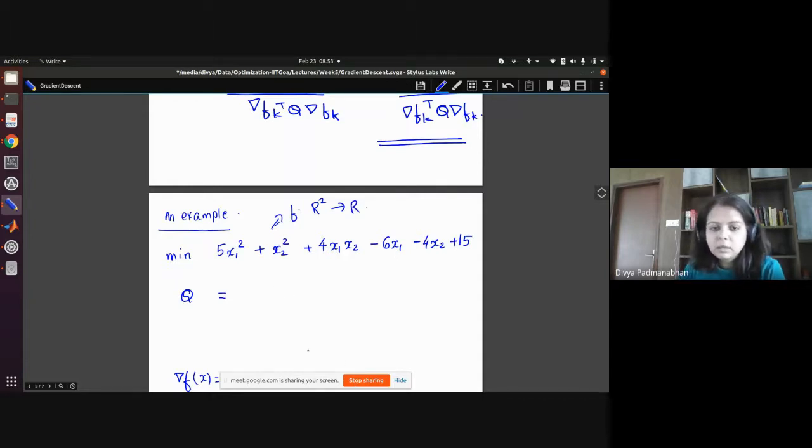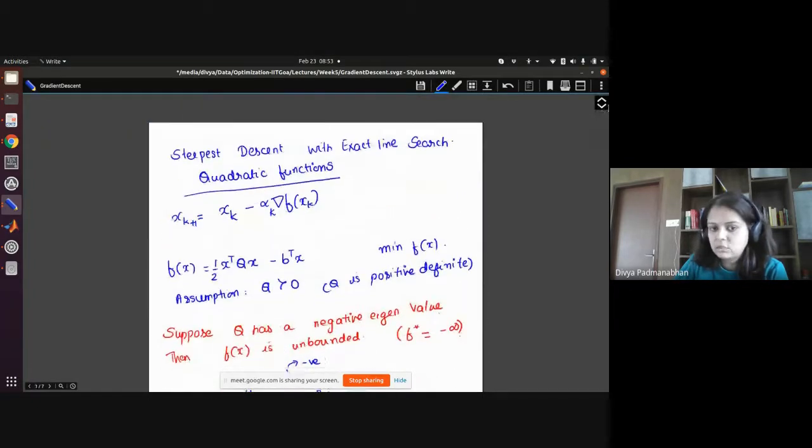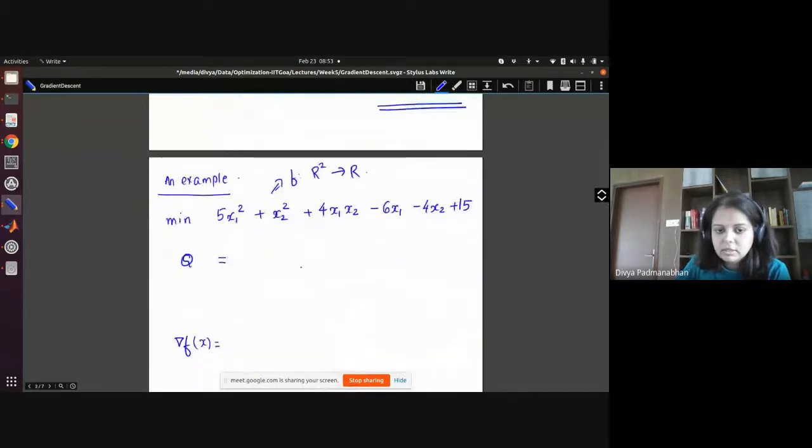First, let's try to bring it into the form we saw, half x transpose Qx minus b transpose x. Can you tell me what the Q would be? Q is going to be a 2 cross 2 matrix.